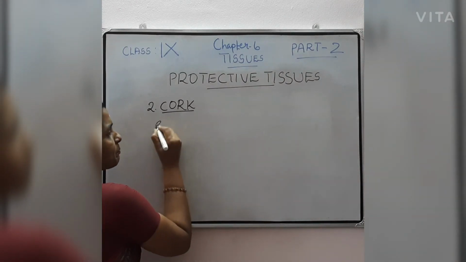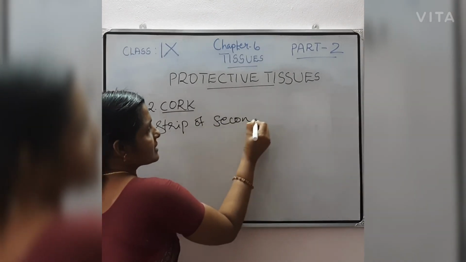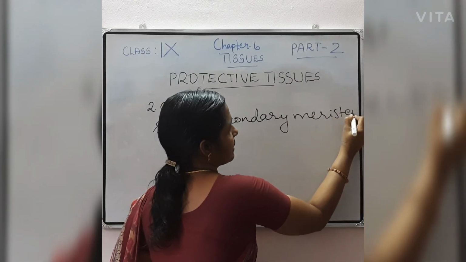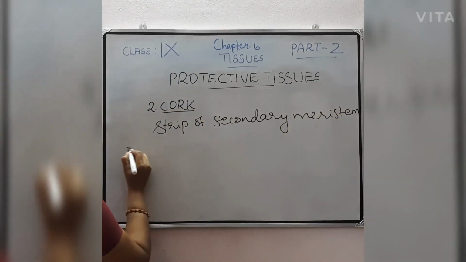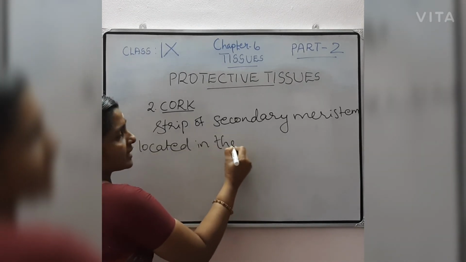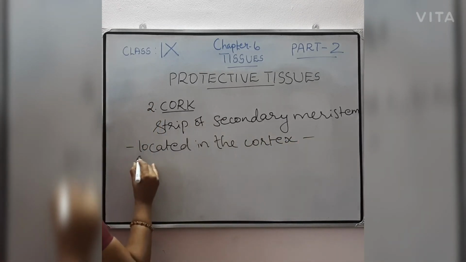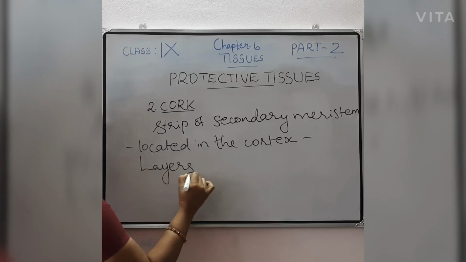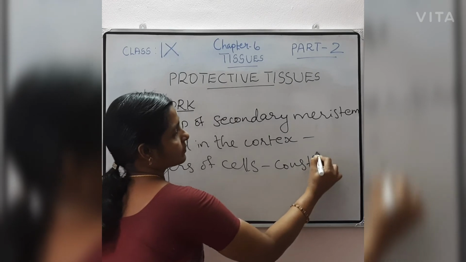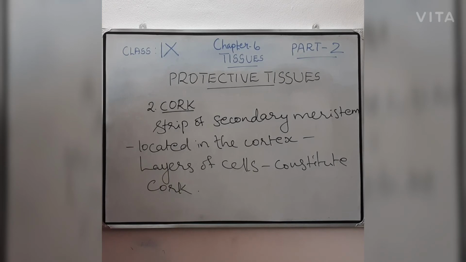A strip of secondary meristem, located in the cortex region, forms layers of cells that constitute cork cells or cork tissue.